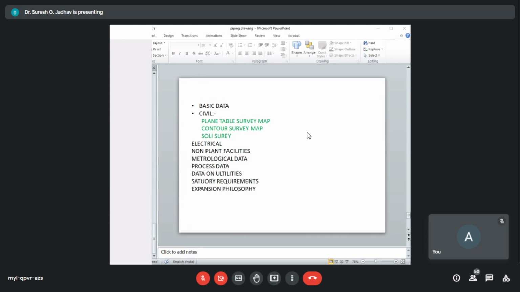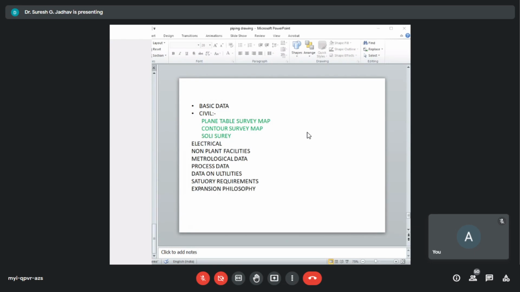So what kind of facilities are required in non-plant facilities? First one is the administrative block. Second is the canteen. Third is the workshop. Next are R&D, QC quality control laboratories, and pilot plants. Next are the gatehouse or time house, security arrangements, vehicle parking, medical centers, and warehouse.